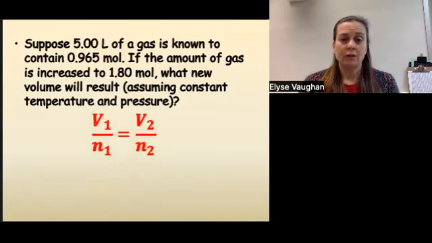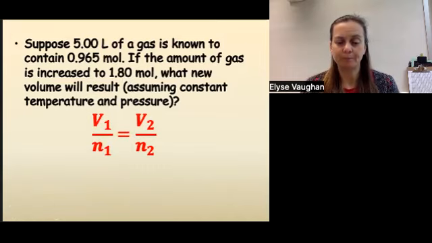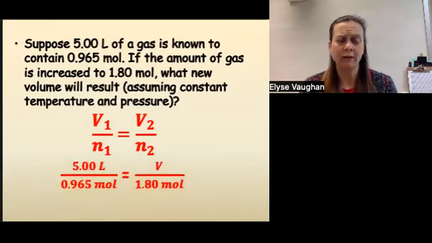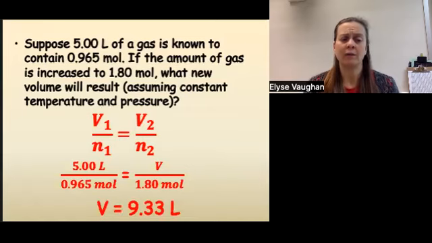We just substitute in those values. My initial volume was 5 liters, my initial number of moles was 0.965, my new number of moles is 1.80, and I want to find my new volume. I substitute in the 5, the 0.965, and the 1.8, and solve for volume. I get that the new volume is 9.33 liters.